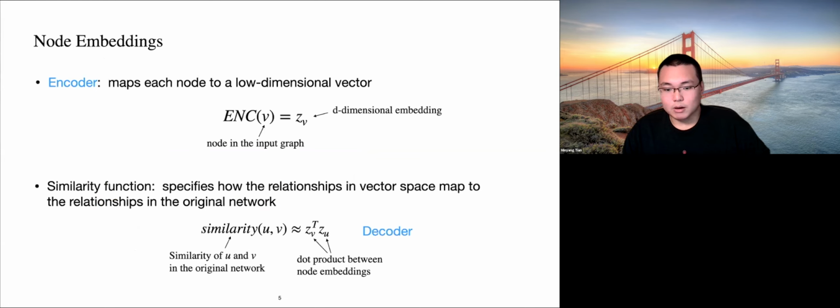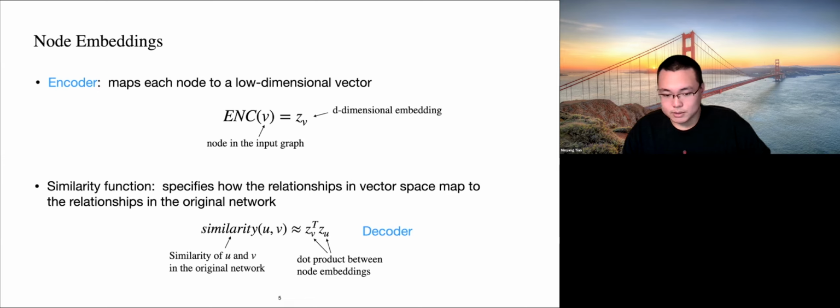So here we borrow the encoder-decoder structure to illustrate. Our encoder maps each node to a low-dimensional vector. So we have a node in and a d-dimensional embedding out, which is Z_v here. Our similarity function specifies how the relationships in vector space map to the relations in the original network.